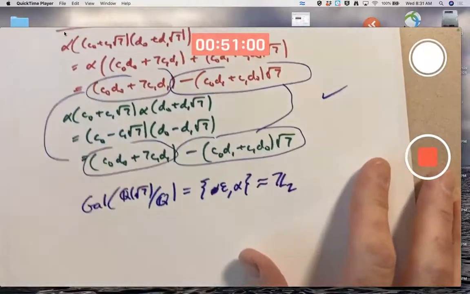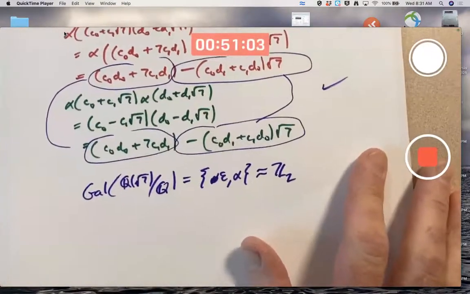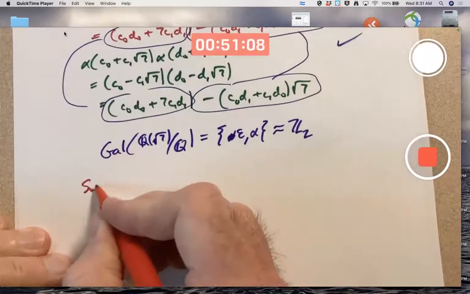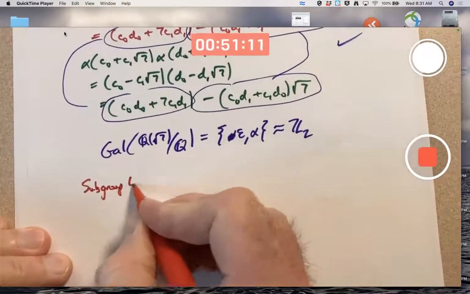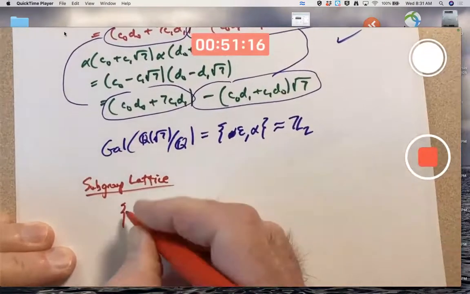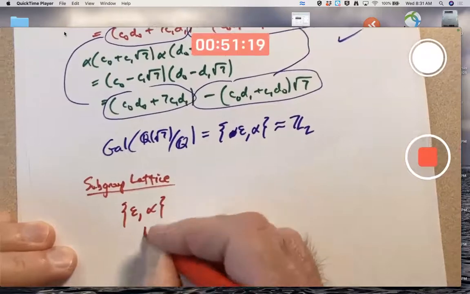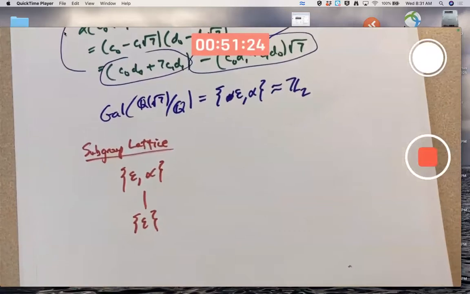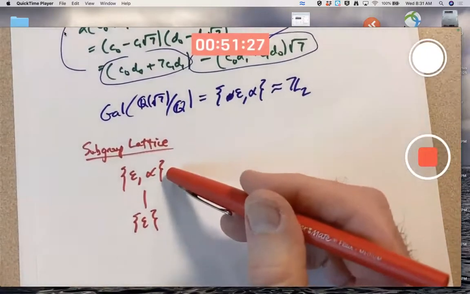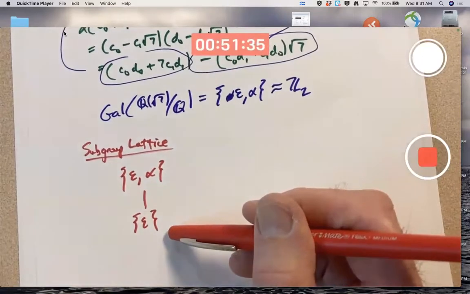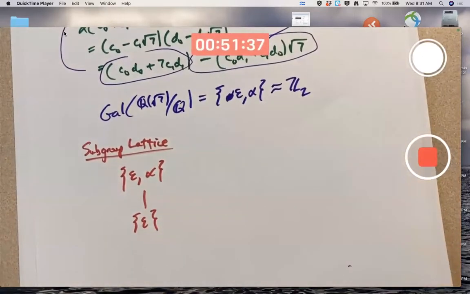Its subgroup lattice is very simple. It's just this. The entire group, isomorphic to Z2, and its trivial subgroup, isomorphic to Z1. We hardly ever talk about Z1. That's just the trivial group, one element group.